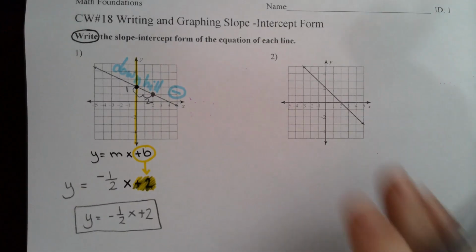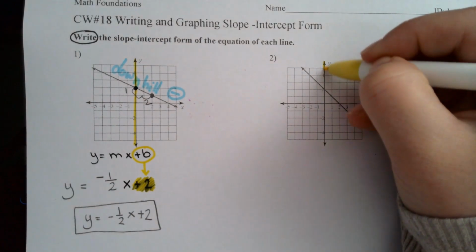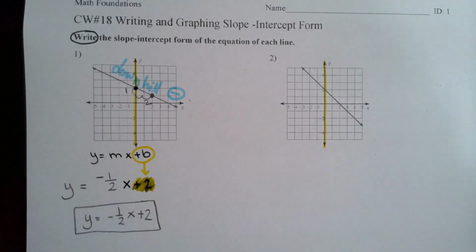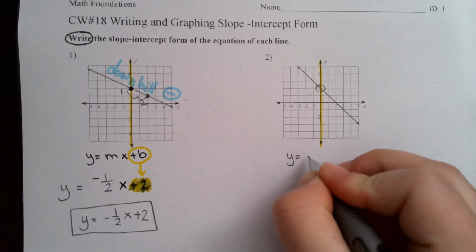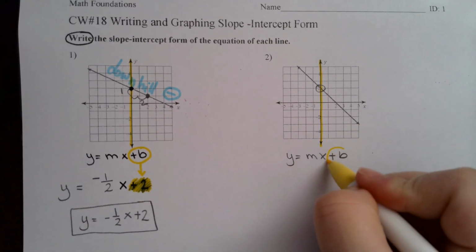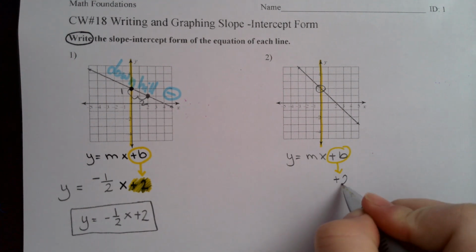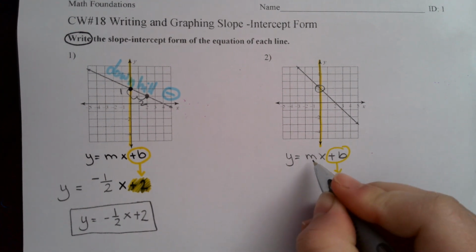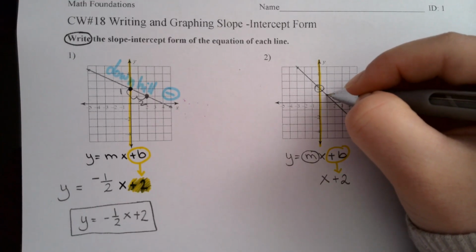Let's write the next one. Still asking us to write for number 2. Okay, here's your y-axis. Find your starting number. That number is going to be your b value with the symbol. So for us, it's going to be a positive 2. Keep your x, and now we just need to solve for your slope, finding a pretty point. There it is.